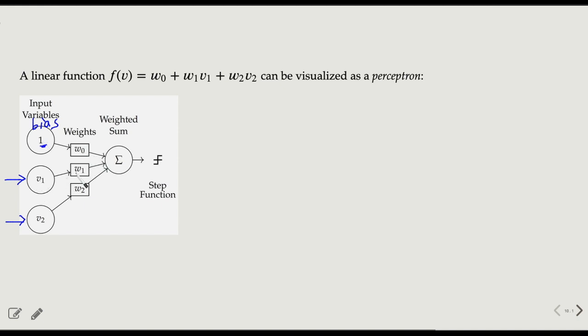And then for V1, we have a W1 weight. For V2, we have W2 weight. And this sum is a weighted sum of the values.